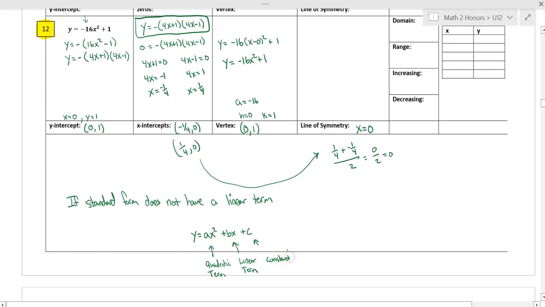So if you're missing a linear term like we are in number 12, then your standard form is the same as the vertex form.